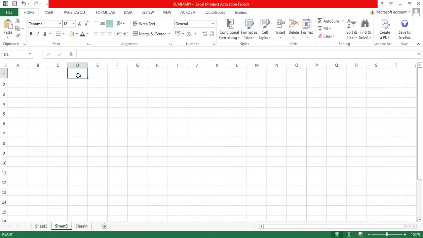That is IAS 36, the impairment of asset. So what is impairment?